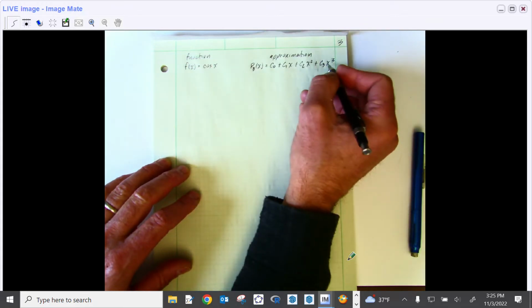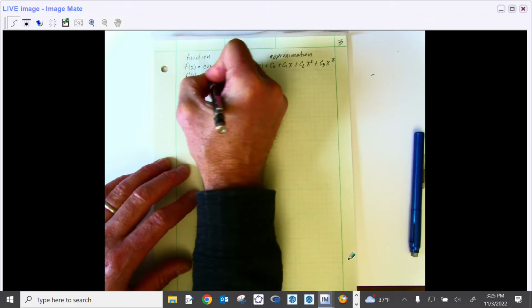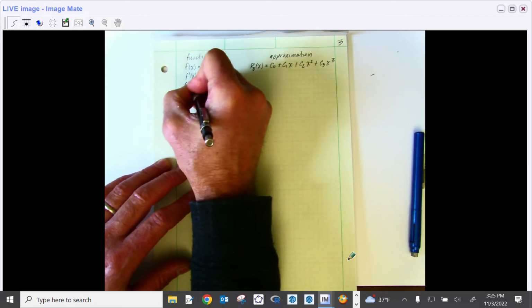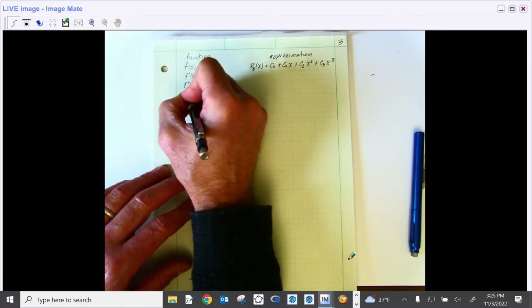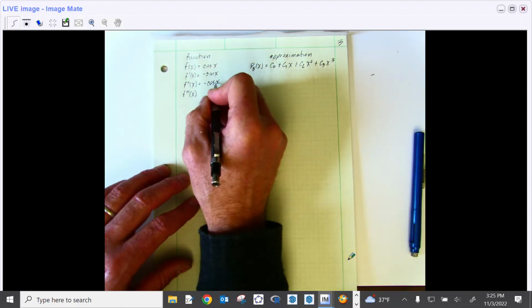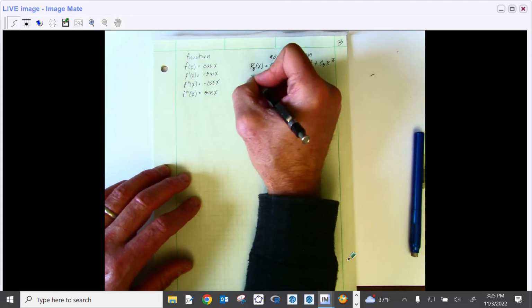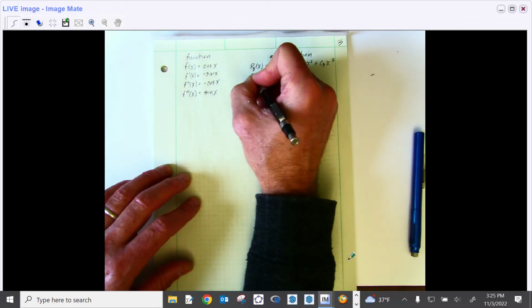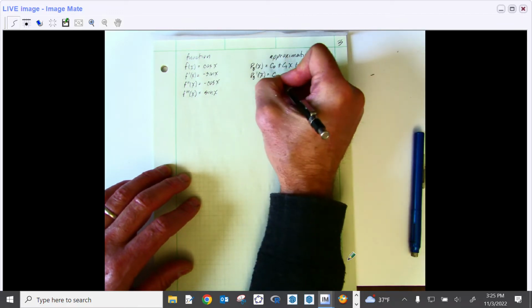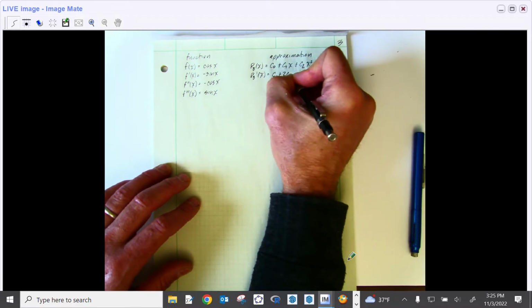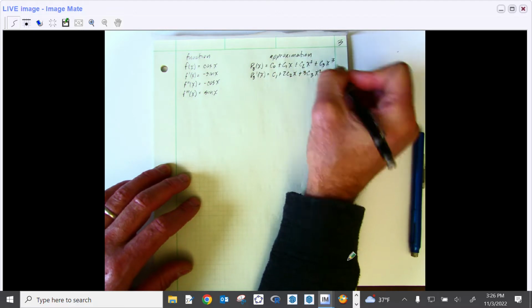So in order to figure out what C3 is, we take f prime of x, that's going to be negative sine, f double prime of x, that's going to be negative cosine, and f triple prime of x, the derivative of negative cosine is negative the negative sine, so that'll be sine of x. So p3 prime of x is going to be c1 plus 2c2x plus 3c3x squared.